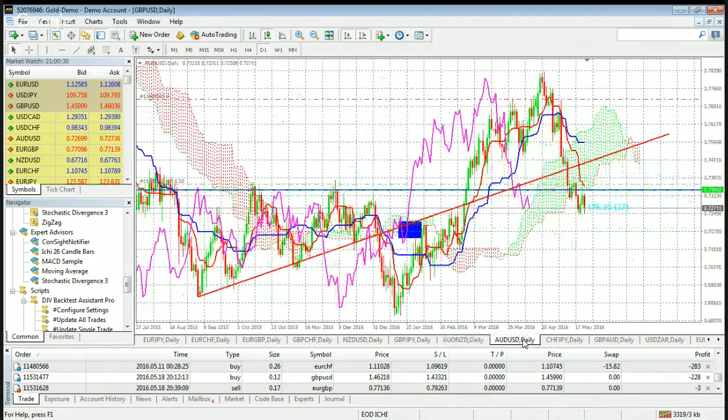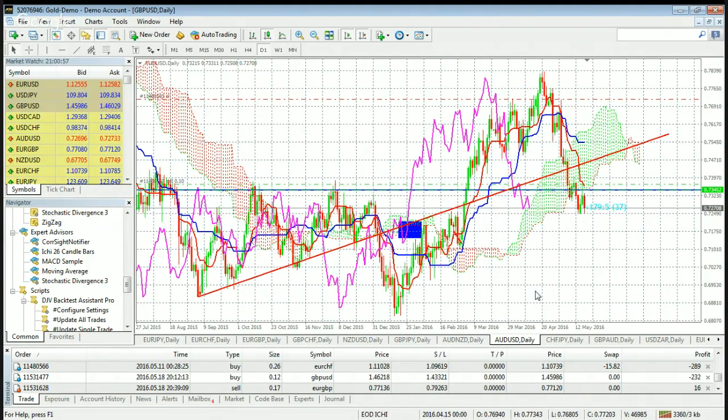Okay, next one. Australian dollar, US dollar. Now this one we took a Kumo break on as well last week. Okay. Price has kind of been faffing around more or less at the same point. It's been going further down, which is awesome to see. Okay, everything is starting to play more into our hand now.